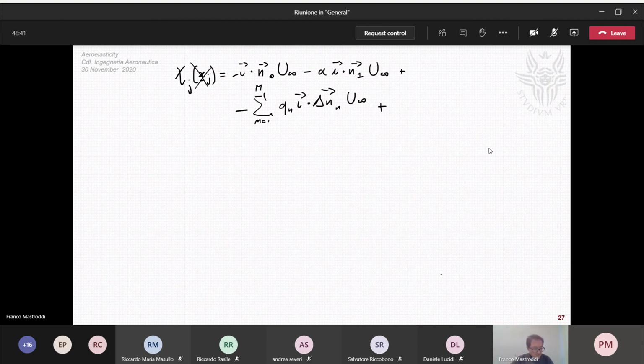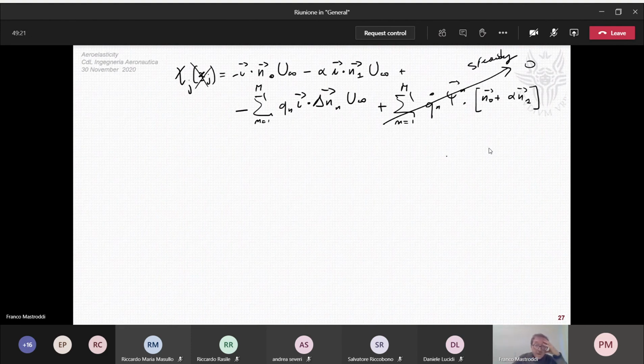However, for completeness, I report also this term here, with n from 1 to capital M, q dot n by psi n, the modal shape, dot the n alpha normal, so n0 plus alpha n1 contribution, but this is 0, and therefore this term is identically equal to 0 in steady condition.